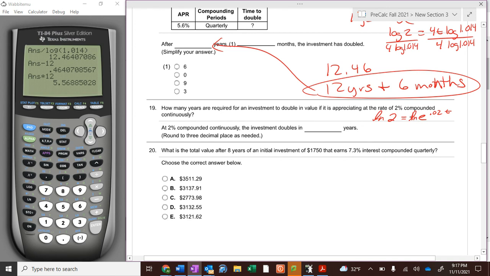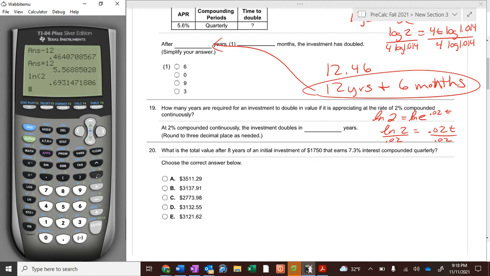So 1 times anything is 1, so I just got rid of the 1, took the natural log of each side. So the ln of 2 equals 0.02 times t, and divide by 0.02. So take the ln of 2 divided by 0.02, and you get 34.657 to 3 decimal places.